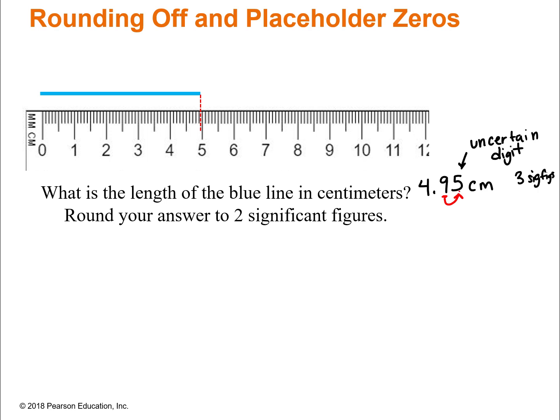Next to it is a 5. 5 or greater, we're going to round up. But after 9, what do? For this measurement, to give two significant figures, we have to write 5.0 centimeters.